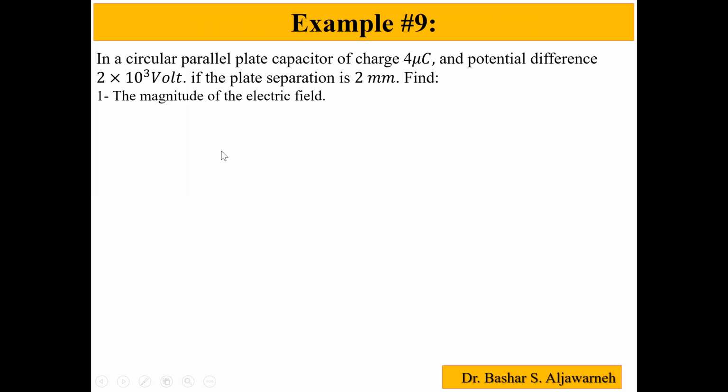Therefore, you can say the magnitude of the electric field, since we have the potential and we have the separation distance between the two plates, we can use V equal E times D. Therefore, E equals V divided by D, where V is 2 kilovolt and D is 2 millimeter. And pay attention that you need to convert from millimeter into meter. Therefore, you will get the electric field as 10 to the power 6 volt per meter.